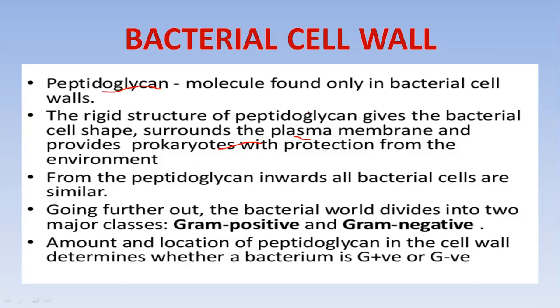If we talk specifically about the cell wall, there are different categories of cell wall. If we classify or divide the bacteria, they are divided on the category of cell wall. Specifically, they act as gram positive and gram negative. There are two types of bacteria in the bacteria category.